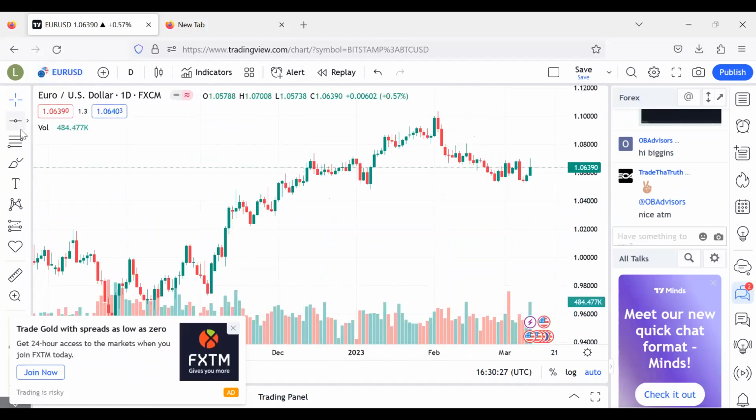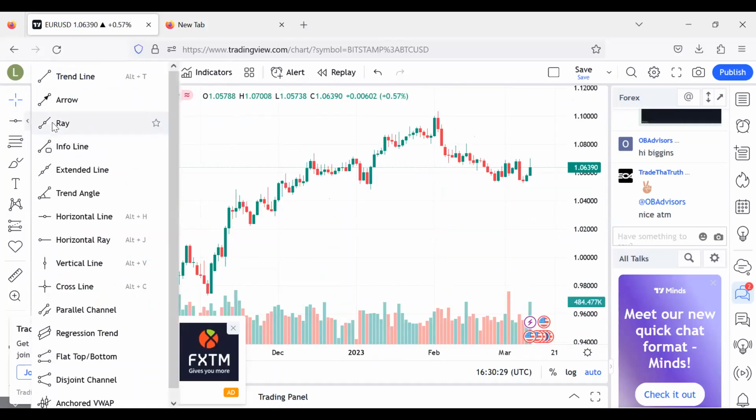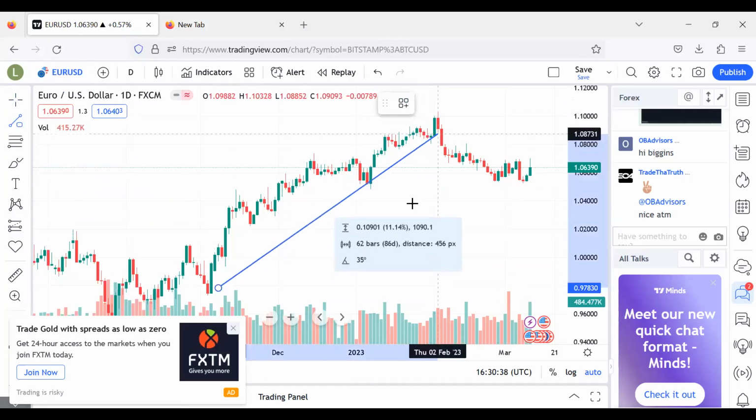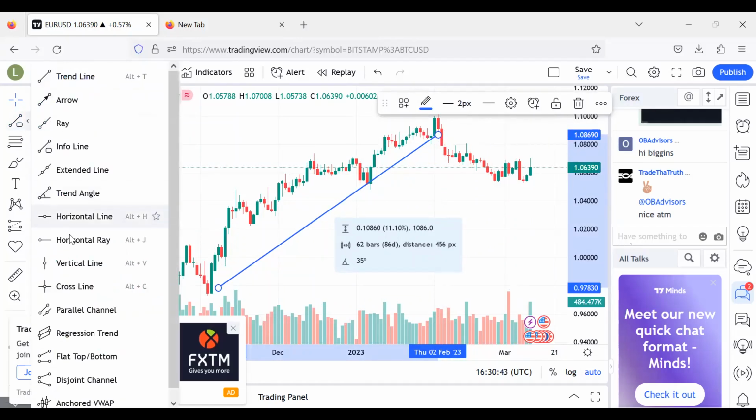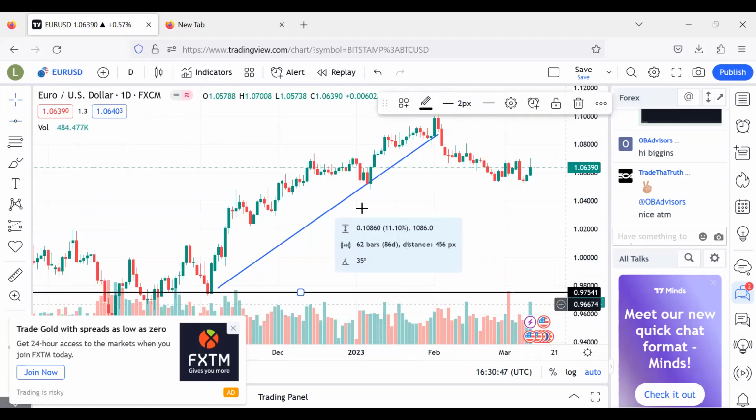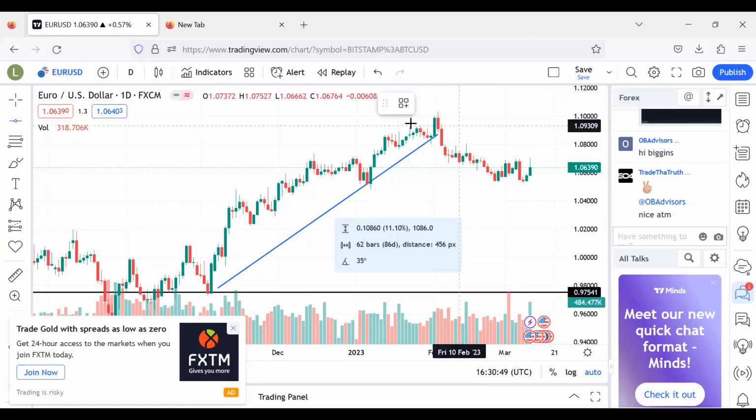Perfect. Now see this market. If you look at this market, it started from here and it ended here.